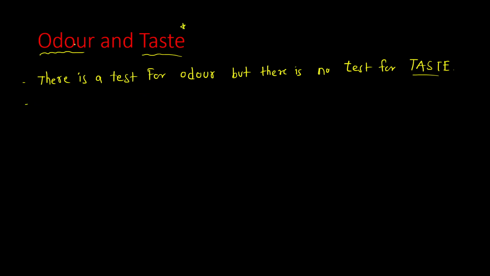Now these two are closely related to each other. What is generally done is, first we find out the odor level of the water. If it is foul, or we can say if the odor is objectionable, then we assume that the taste is also bad. So first we find out the odor.